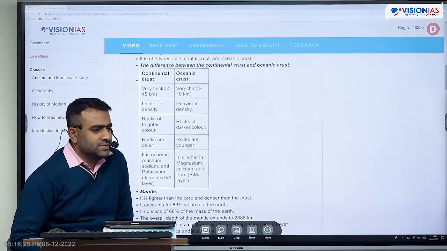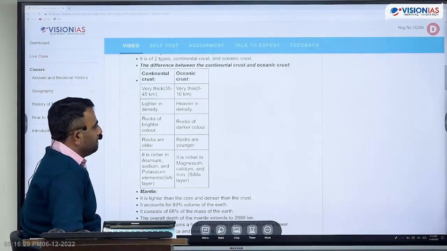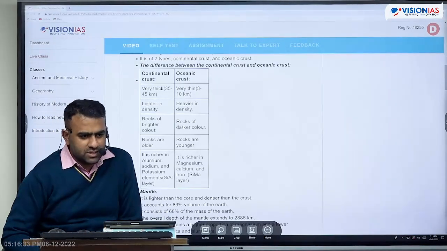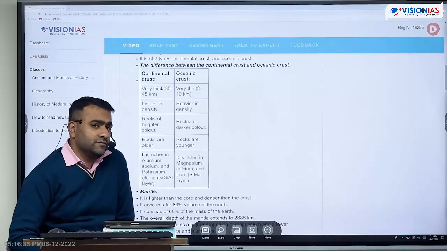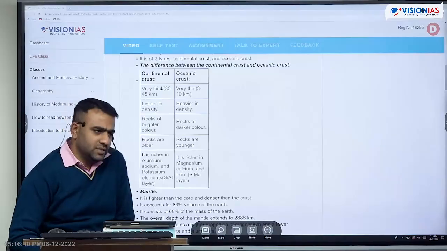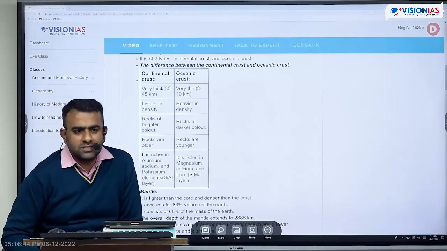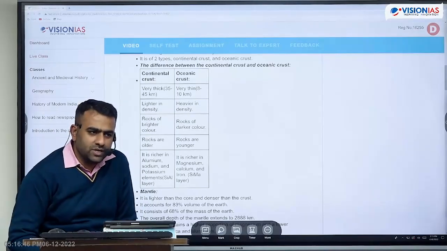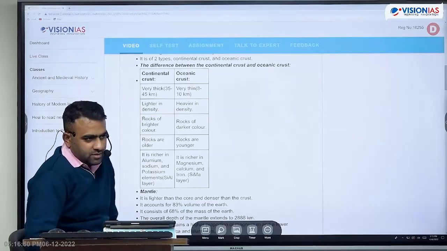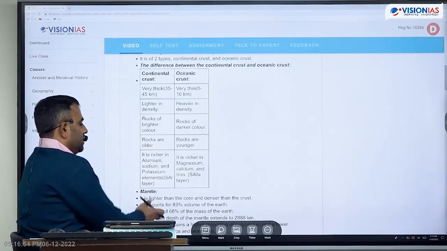Slightly denser is oceanic crust, silicon and magnesium, SIMA. In terms of thickness, continental crust is thick, oceanic crust is thin. In terms of density, oceanic crust is denser, continental crust is lighter. In terms of the rocks, continental crust is brighter, oceanic crust is darker. In terms of age, continental crust is older, oceanic crust is younger.